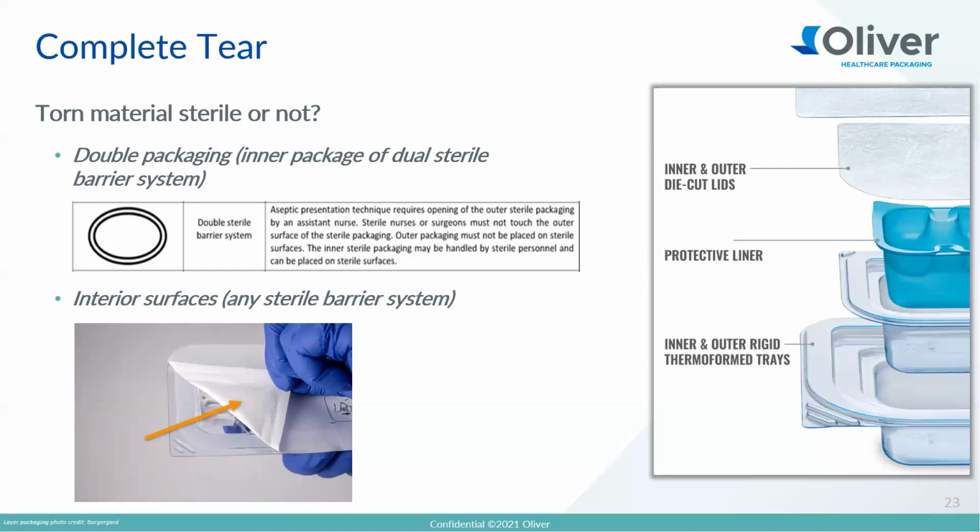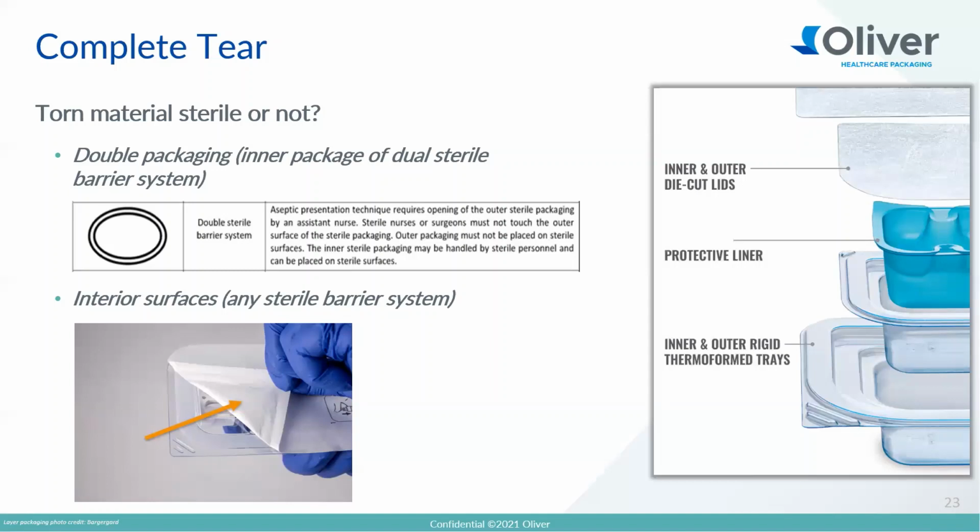But if you were to have encapsulation on the inner package, again, there is no microbial contamination of that. So there is no opportunity, when you are trying to remove the contents or remove the additional packaging that is torn, to affect aseptic presentation from the inner package.